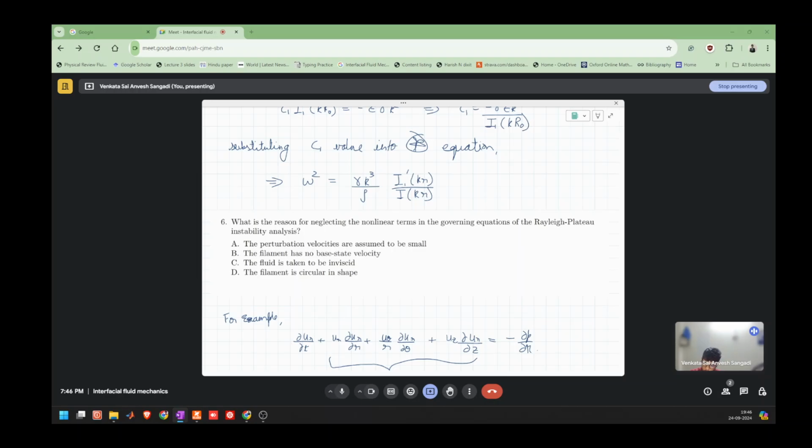We are dealing with perturbation velocities to be more precise, and therefore we are able to neglect these. So the correct option is A.